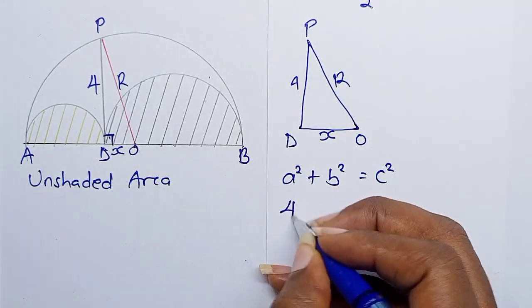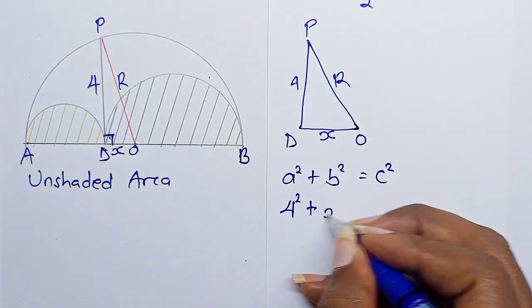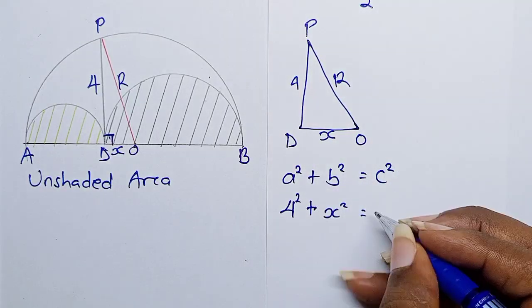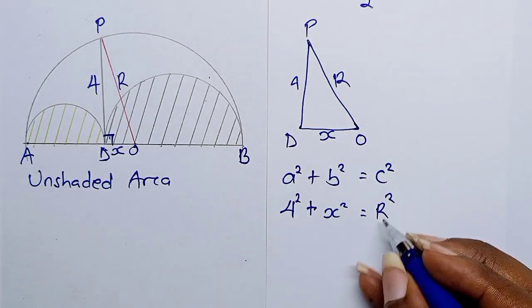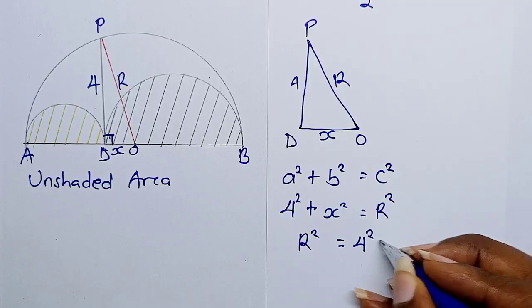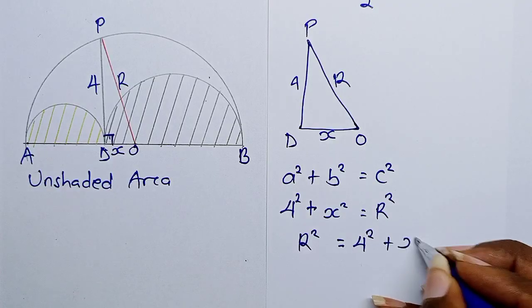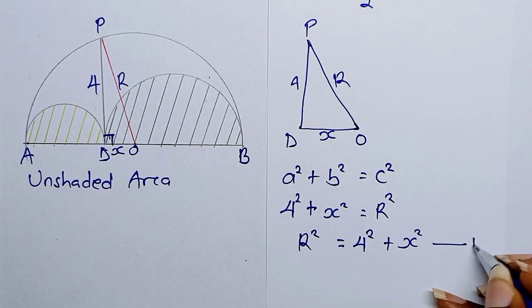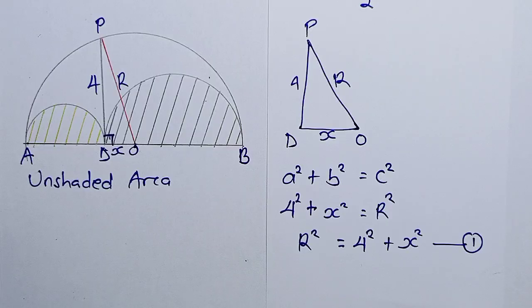A is 4 squared plus B is X squared is equal to C, which is R squared. So we make R squared the subject. R squared will be equal to 4 squared plus X squared. Let this be equation 1.